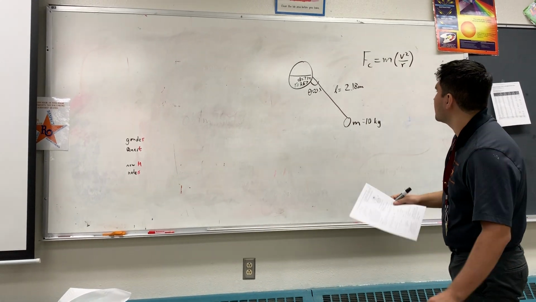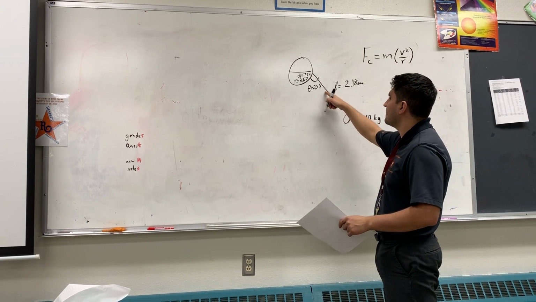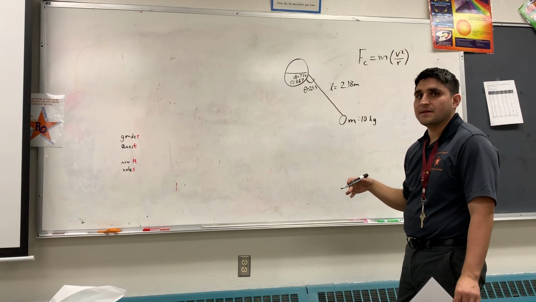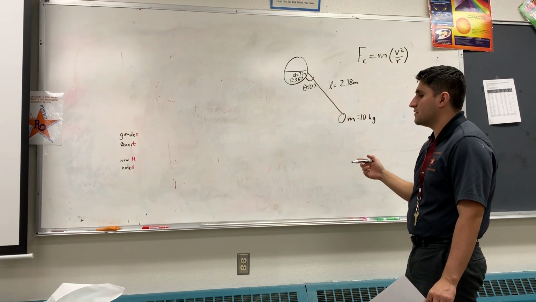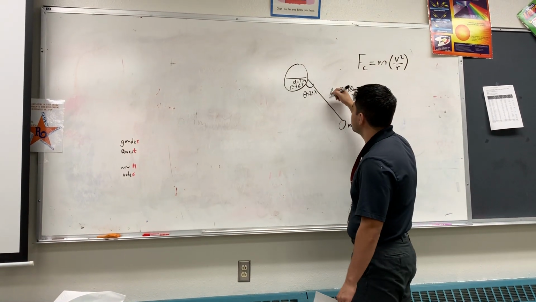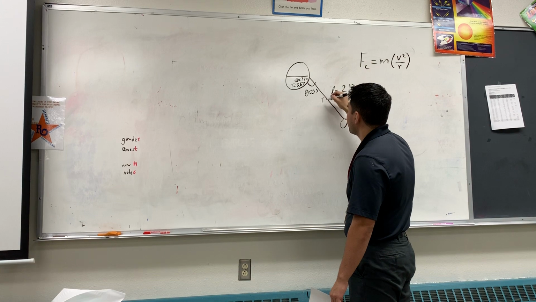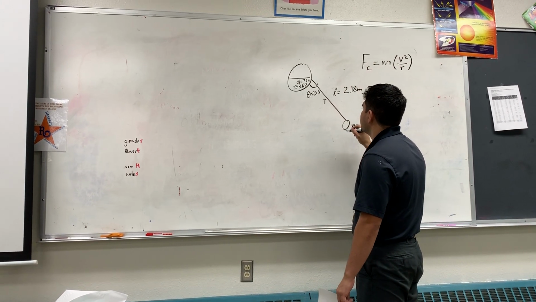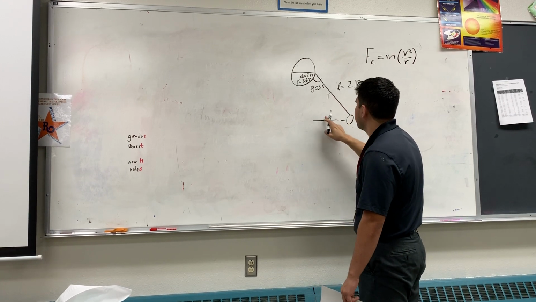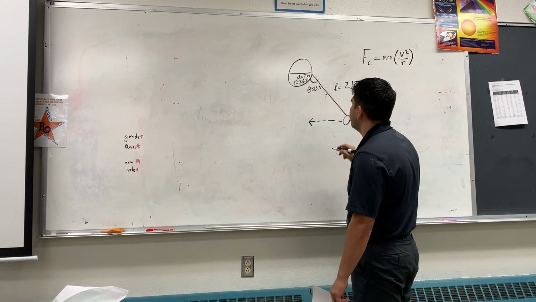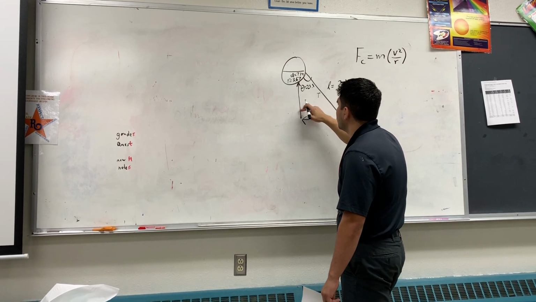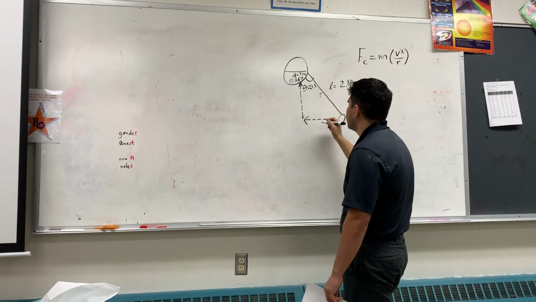So what is the thing that's causing it to spin? It's the tension. The tension is going to be the centripetal force. But I care about the forces that are pointing towards the center. So this tension is at an angle, so I need to split it up into its vertical and horizontal components.